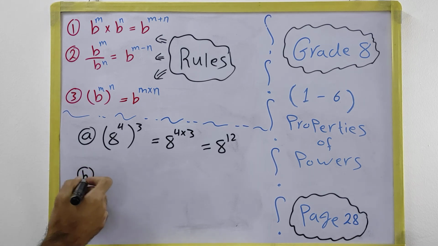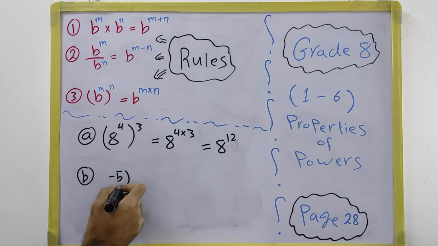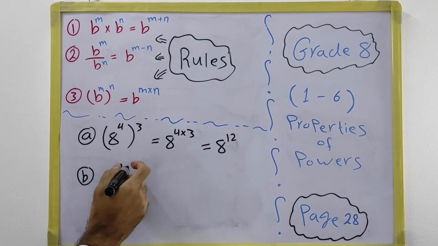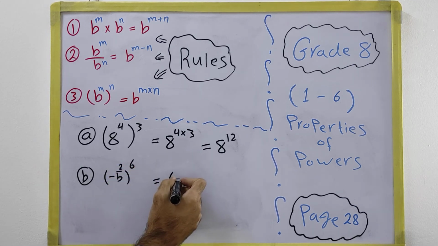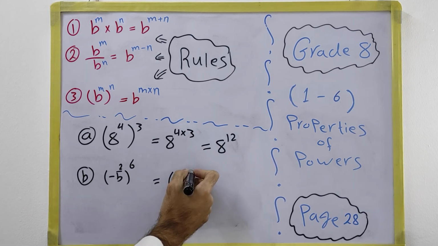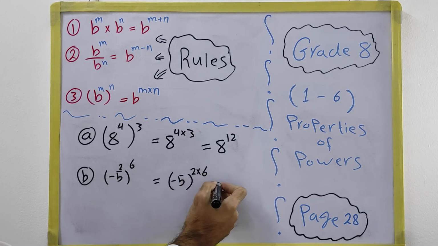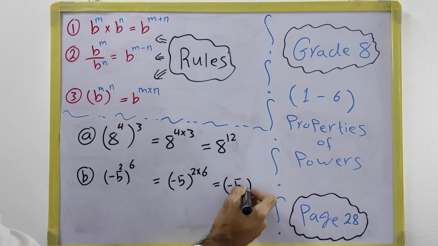B, let's say negative 5 to the power of 2 to the power of 6. It would be negative 5 to the power of 2 multiply 6, which would be negative 5 to the power of 12.